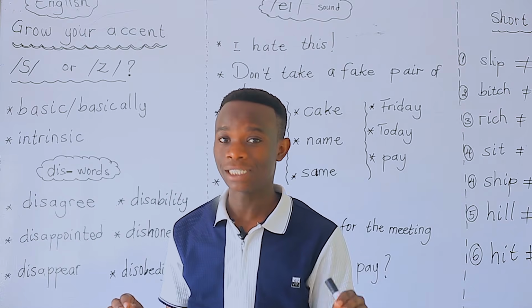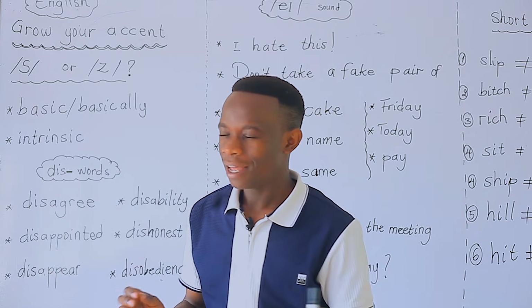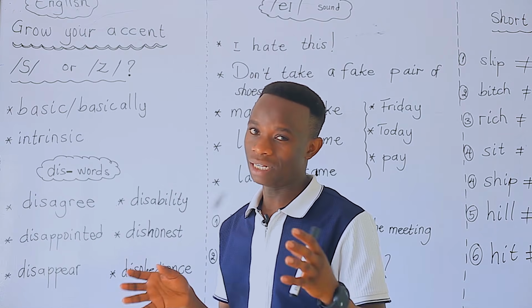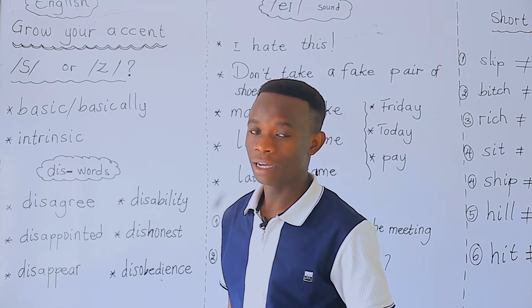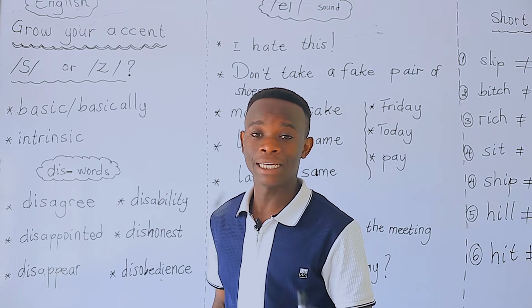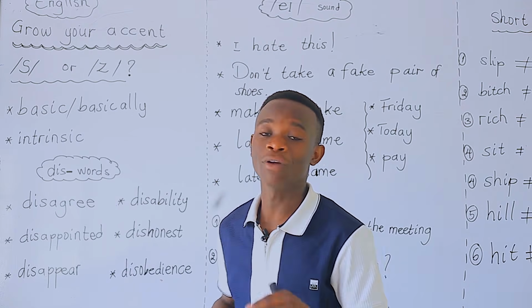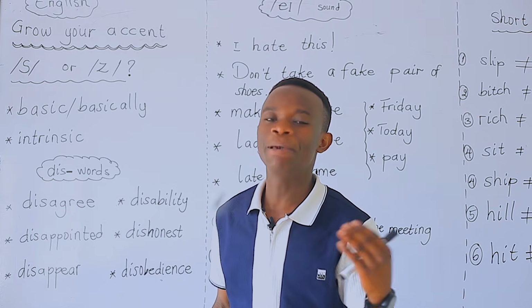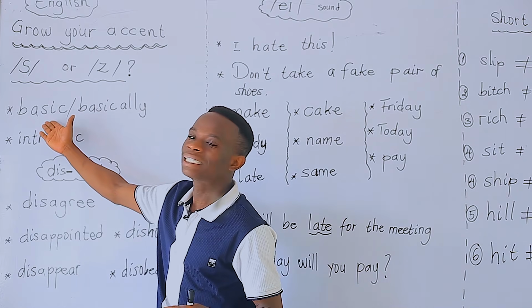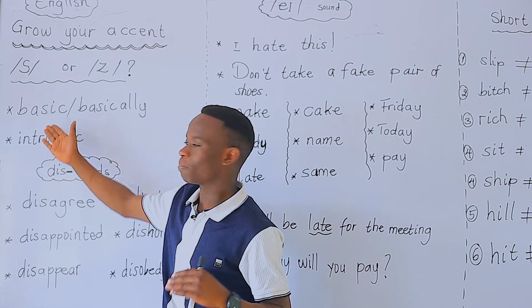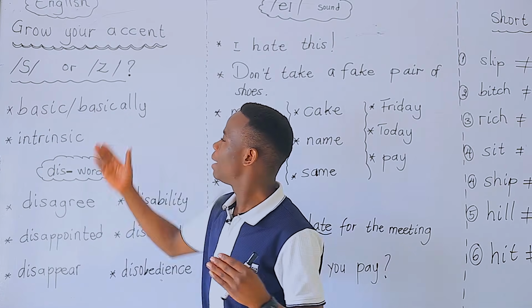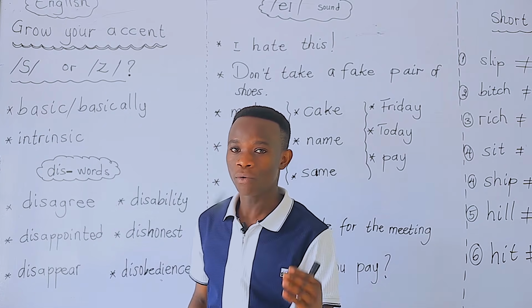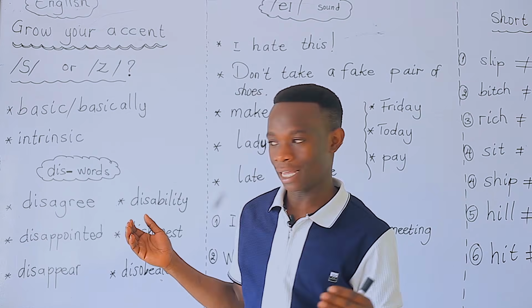Because if you are saying it with a Z, this is making you sound a little unconfident. But when you say basic with the S sound, this is going to make you sound very good. Basic. This is S, not Z. Basic, basically. And all other words that sound like this.